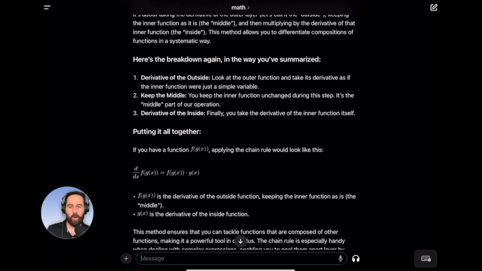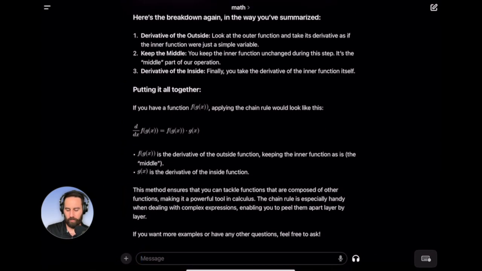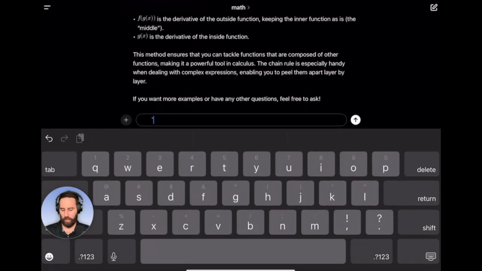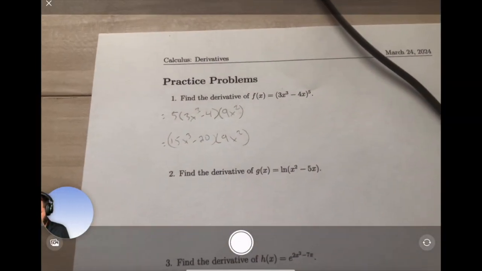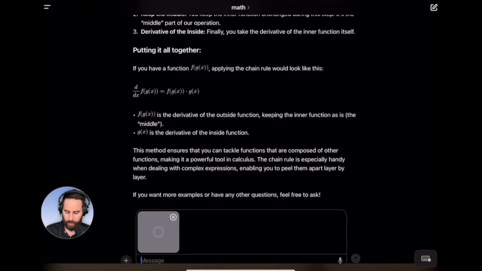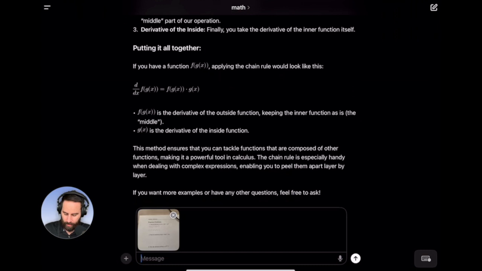So now I wrote an answer down for the first one. So now I want to delete that. I'm going to take a picture. Let's see. Next. I took a picture of my answer, number 1.